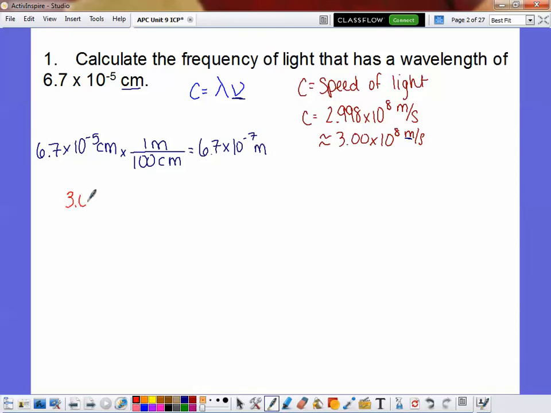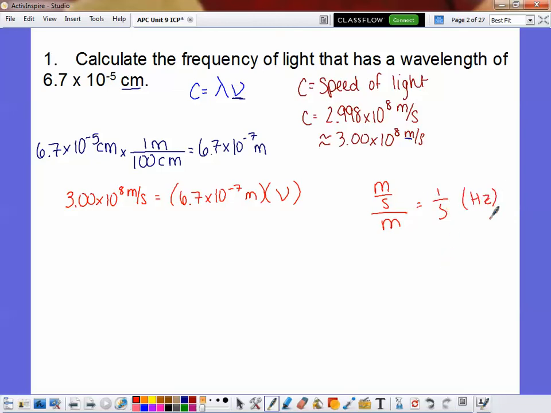Speed of light equals 6.7 times 10 to the negative 7 meters times frequency. Notice our units: we have meters per second, and then we're dividing that by meters. The meters cancel, and we're left with 1 over seconds, which is a hertz, the unit for frequency.